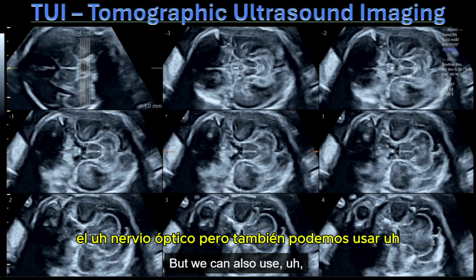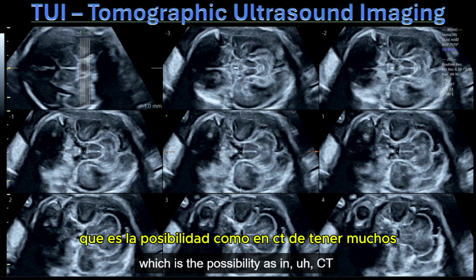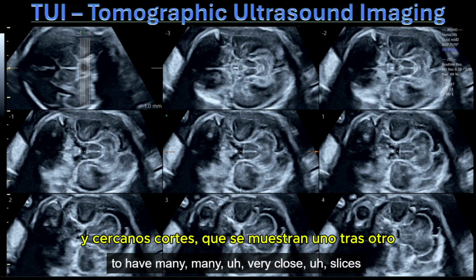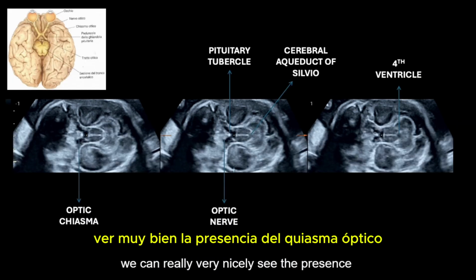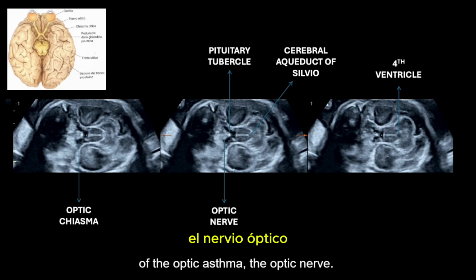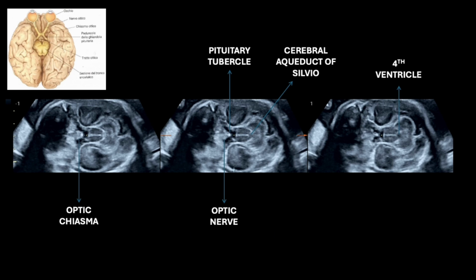But we can also use the so-called tomographic ultrasound imaging, which is the possibility, as in CT, to have many very close slices displayed one after the other. And here, for example, we can very nicely see the presence of the optic chiasma, the optic nerve, and posteriorly we also have the pituitary tubercle.